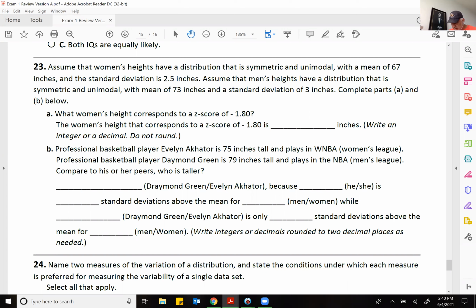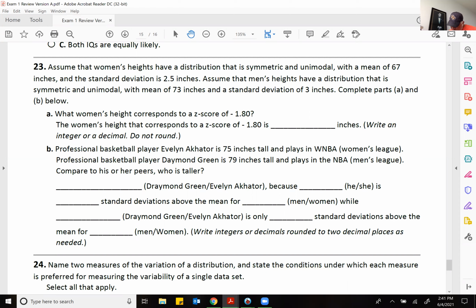Draymond Green is taller. Why? Because he's above 3 standard deviations. What about Evelyn? Evelyn is past the 3, exactly. They both are.